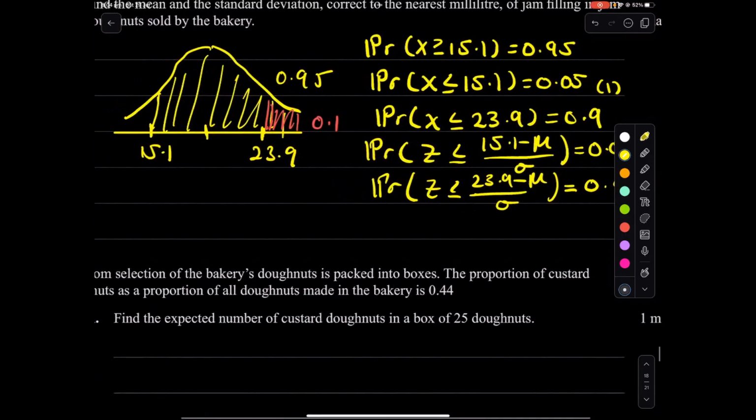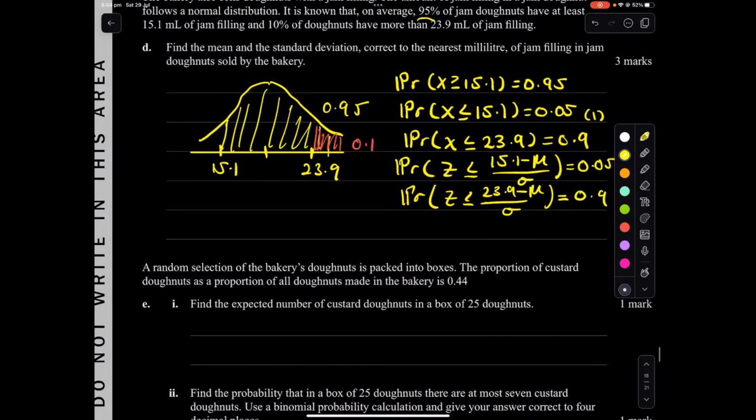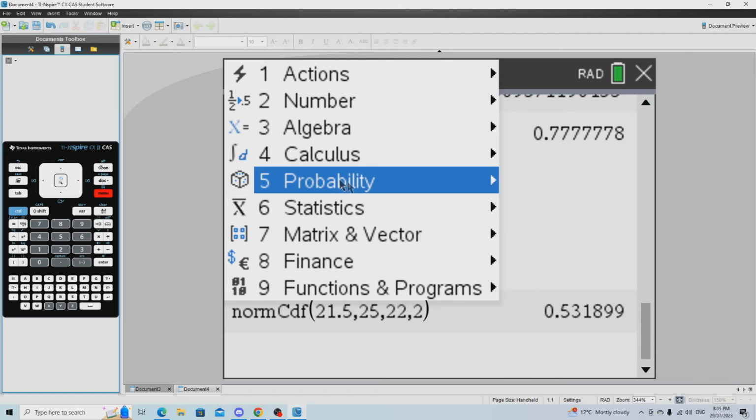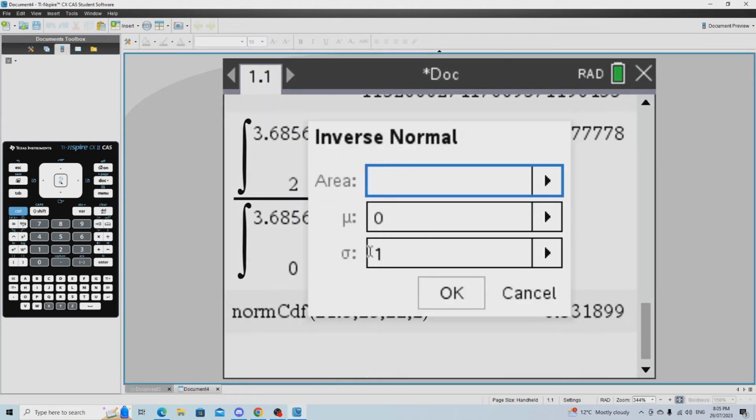Now we'll get 15.1 minus the mean over the standard deviation equals some value. So if we go on menu, probability, distributions, inverse norm, our area is 0.05. And we don't know our mean value, so what have I done here?